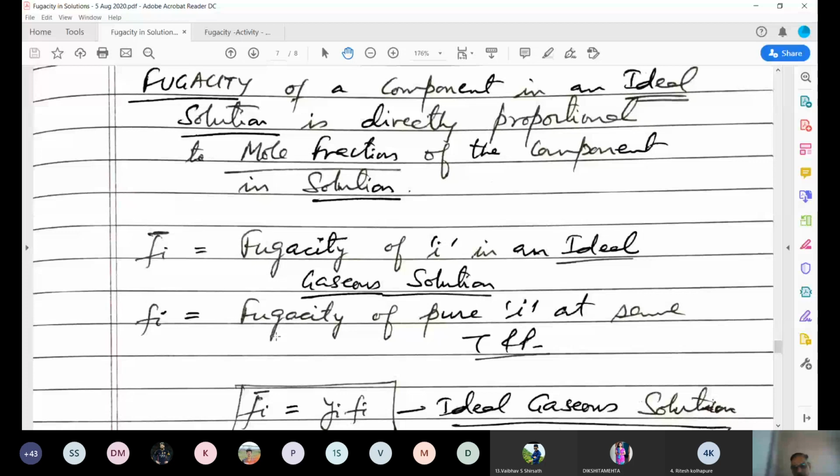Pure component में रहता है. When you have a solution, when you have mixture, fugacity of each component is separate. When it is pure component, yes, then there is a fugacity of component because there is only one component. But when you have 2 or 3 components, then each component will have its separate fugacity. यस सर.